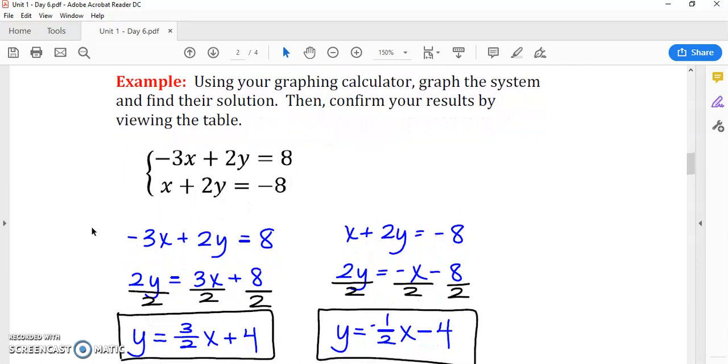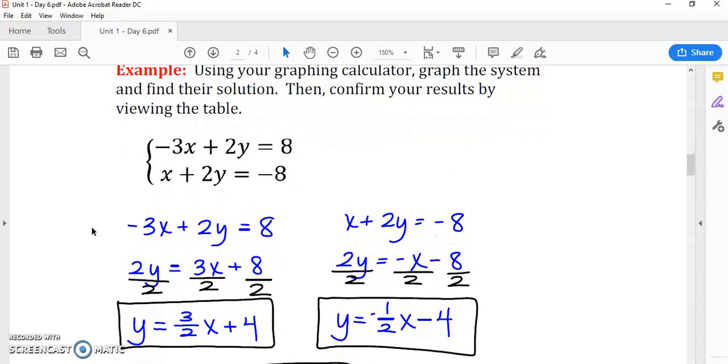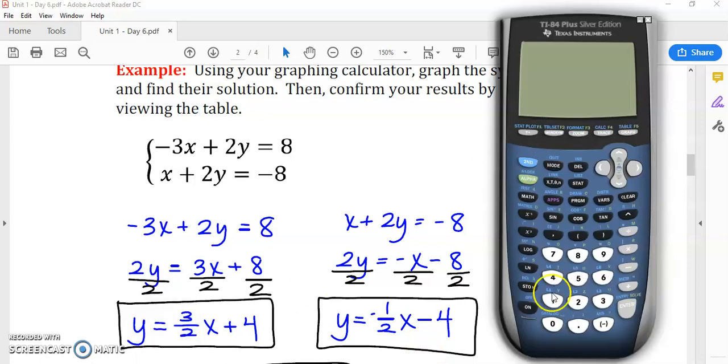So we're going to rearrange them into y equals mx plus b form. For this first equation, I just moved the 3x over and then divided everything by 2. The second one, I moved this 1x over, so it's negative on the other side, and again divided everything by 2. Here were my resulting equations. So what I can do from here is I can go to my calculator.